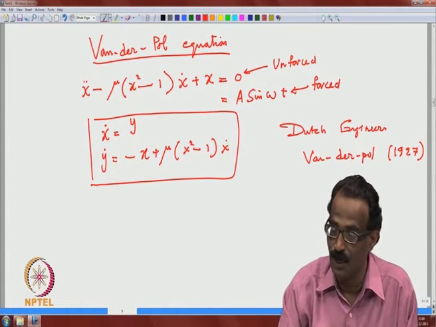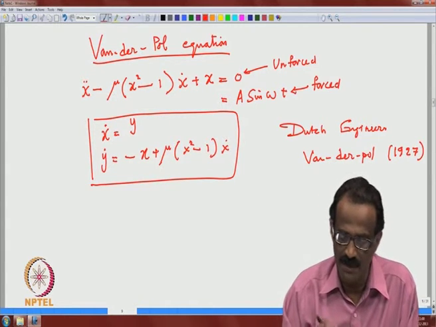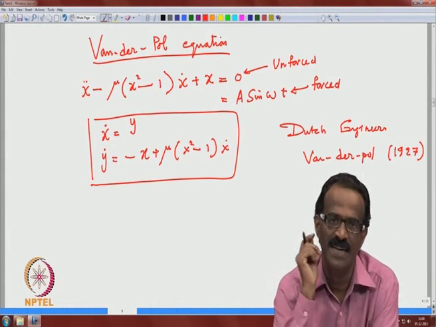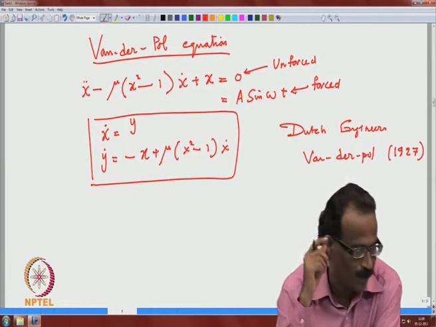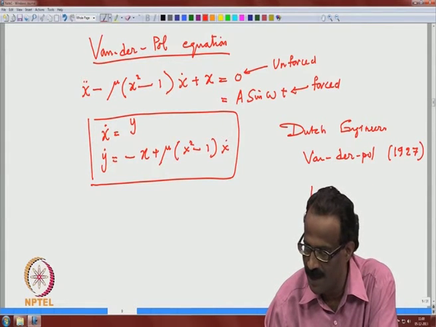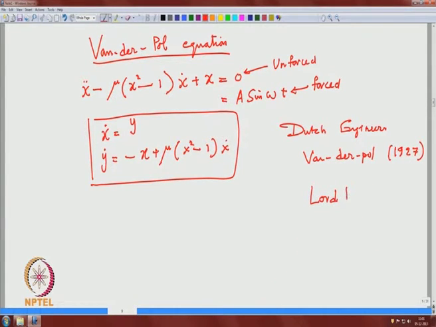But it also seems that this equation was derived a little earlier than van der Pol, due to Lord Rayleigh, but somehow it is not known by that name. It was probably introduced in 1896 itself, 30 years before that. But van der Pol is at least the one who extensively studied this.